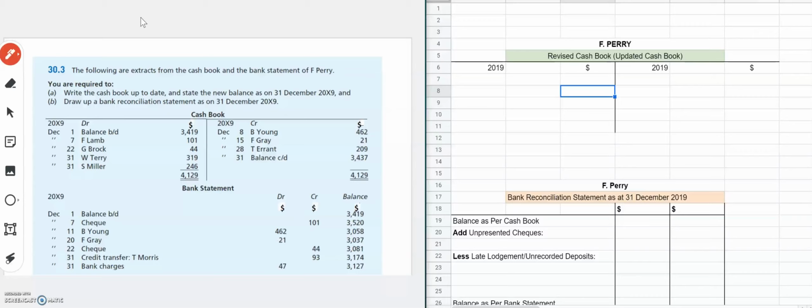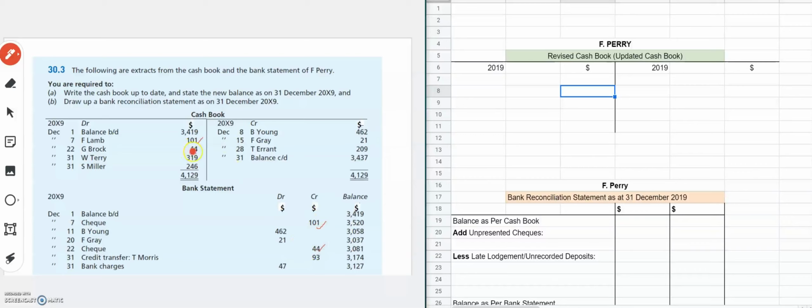So here we go. The first noticeable amount we have is 101, debit side of the cash book, credit column of the bank statement. 44, credit column of the bank statement.